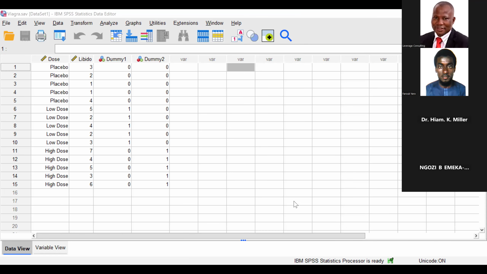Now that we have seen that there's a difference somewhere, maybe between all the groups, we don't know where the difference lies. Is it between placebo and low dose, or between low dose and high dose, or between placebo and high dose? We don't know.